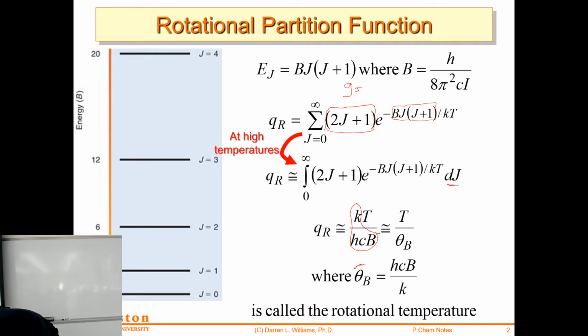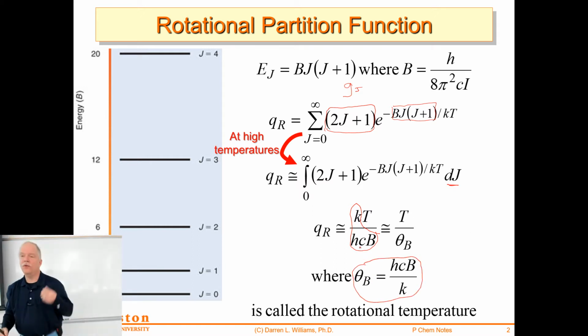So this theta B, which is just B converted from wave numbers over to temperature, lets us directly compare it to the temperature of the system. It's just nice, instead of working in energy, we're always talking about temperature, so we can convert everything over to temperatures. And so we have a thing called the rotational temperature.